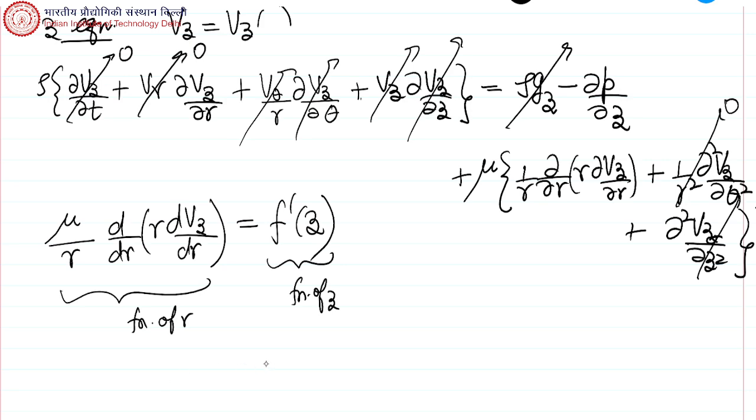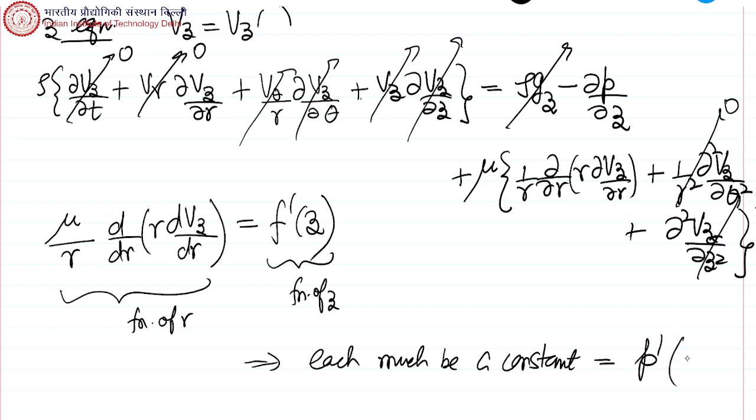So that means each of these is a constant, and as before, we call this constant as p prime.